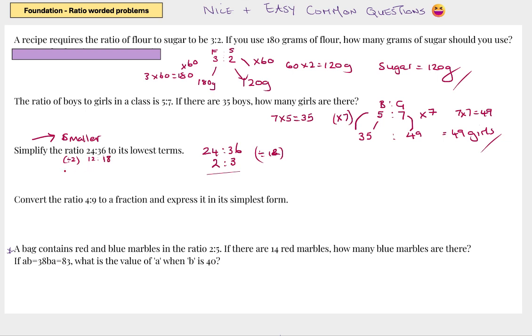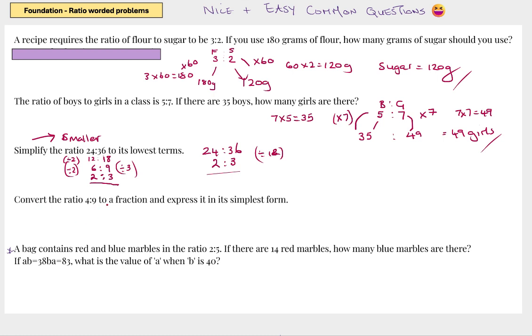Divide by 2 again. Gives us 6 to 9. Now, 2 doesn't go into 9, but I know 3 goes into both. 3's into 6 go twice, 3's into 9 go 3 times. So I've got the same answer. It's just longer. But if you feel more comfortable writing them all out as you go along, that's absolutely fine.